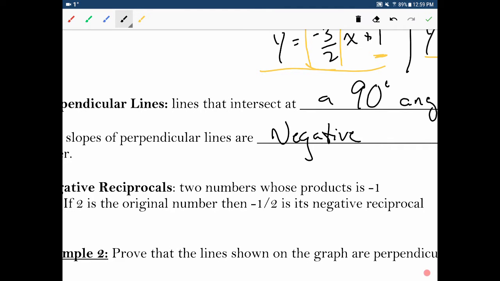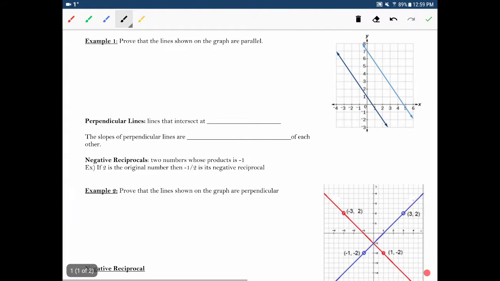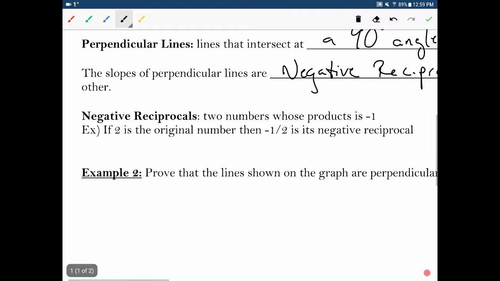Negative reciprocals. Okay. And if you haven't heard of that, and that's okay, because there'd be no reason for you to, these are two numbers whose product is -1. So for instance, if 2 is the original number, then -1/2 is its reciprocal.